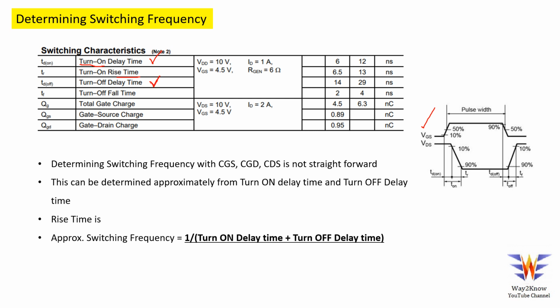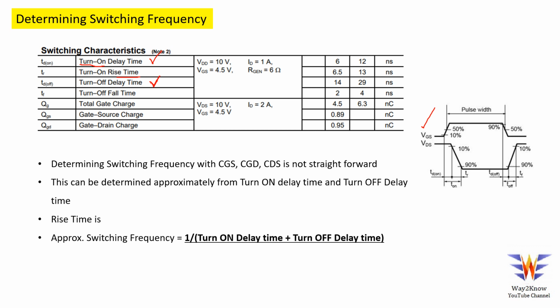If you add both of them, you get the actual switching time, and 1 by it gives the actual frequency of operation of this MOSFET. This is how we can determine the actual frequency of operation in a straightforward manner.